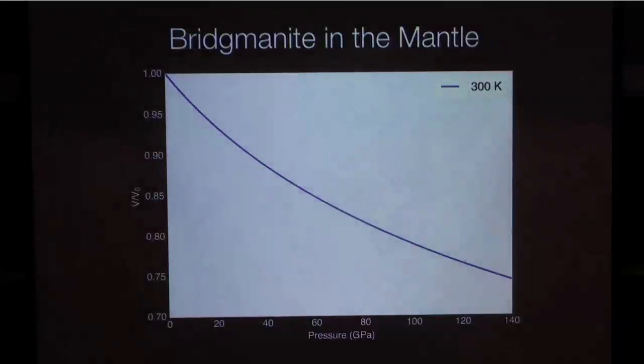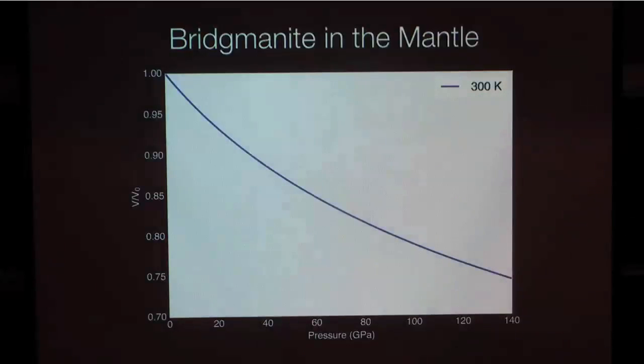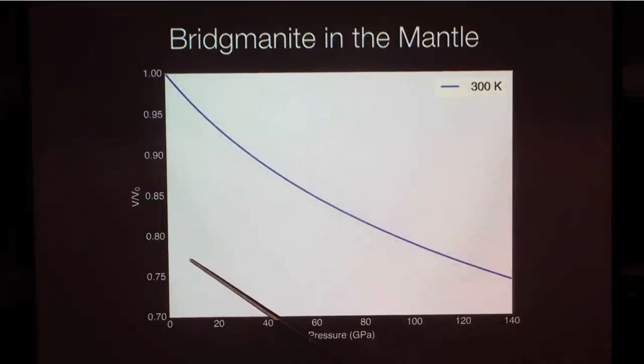Okay? So this is a volume-pressure relation of bridgmanite in the mantle. The lower mantle starts at around 25 GPa, and the core-mantle boundary is about 135 GPa. And the volume is normalized to the volume at reference state. In this case, it's the volume at 300 K and 1 bar, so room pressure and room temperature conditions. And that's obviously 1 at the corner when you have no pressure.